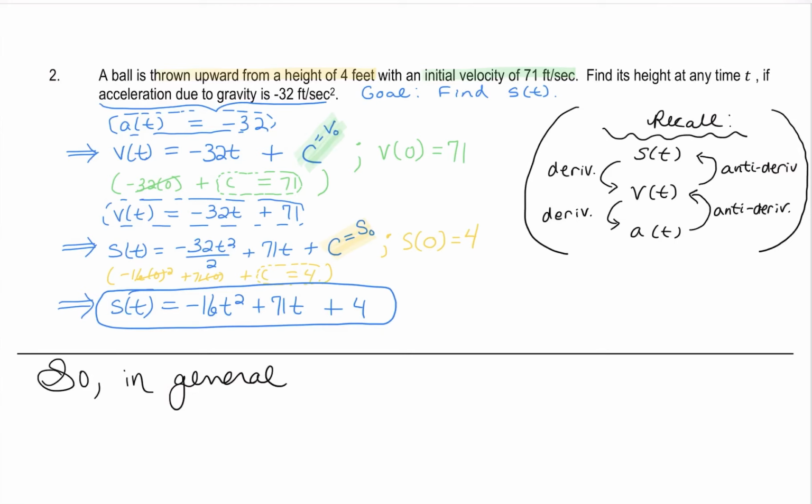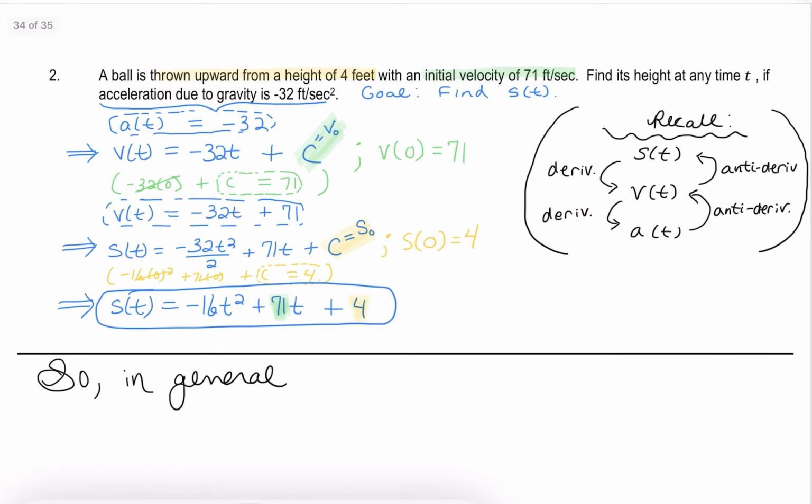There was nothing really special about the 71 or the 4. Those were just the specific values that we ended up with. Looking back at this problem, the 71 was your initial velocity, and that's where it ended up. And your 4 was your initial height, and that's where it ends up.